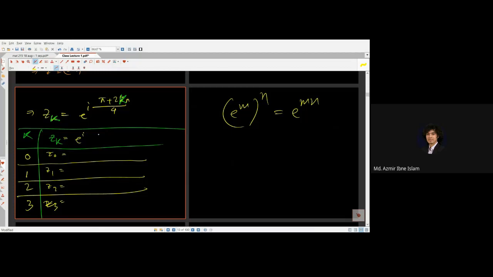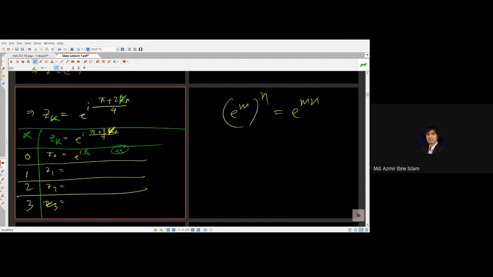So e to the power i (pi plus 2k pi) by 4, where we input k here. If we input 0, then it will be pi by 4, right? Yes, sir. So pi by 4 is actually 45 degrees. I am writing this one.